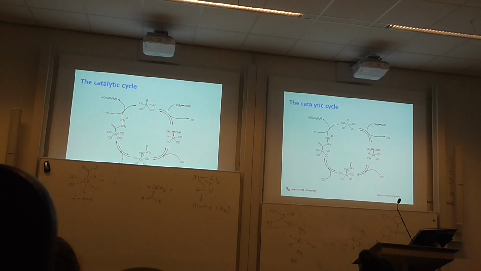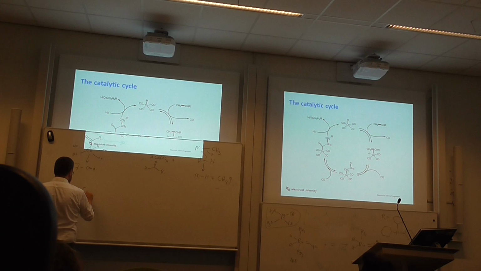Now, it's possible that we have sigma bond metathesis going on for this guy, so let's redraw this intermediate. So the acyl. Now, what could actually happen here? Well, we can have sigma bond metathesis going on.